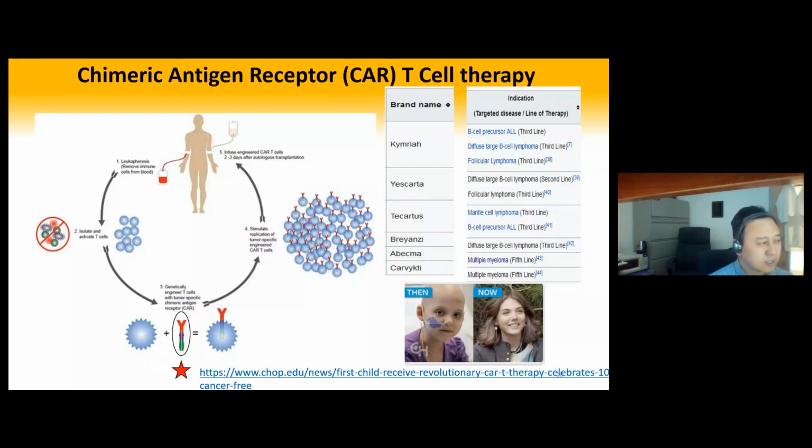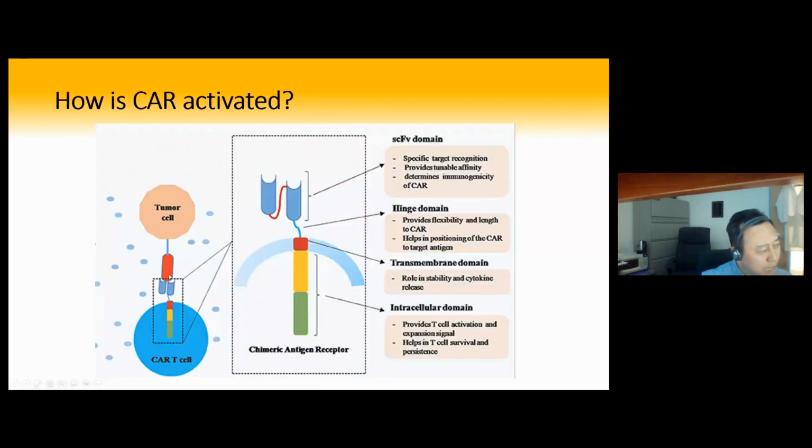Okay, so how does this work? Well, the secret is that we can engineer the antibody to recognize a specific biomarker on the tumor, and this way the T cell can quickly activate the program to kill the tumor. Okay, so this cartoon shows it. And my question is how it works at the atomic, protein structure level.